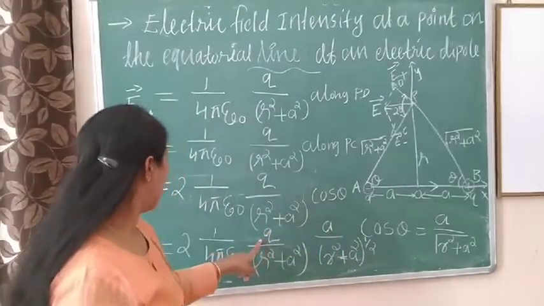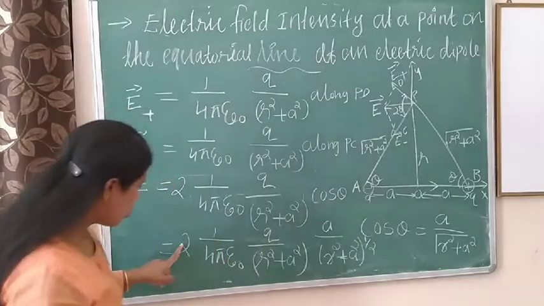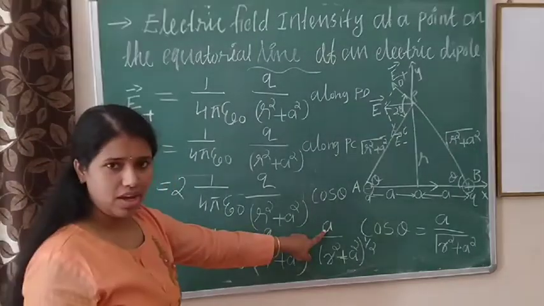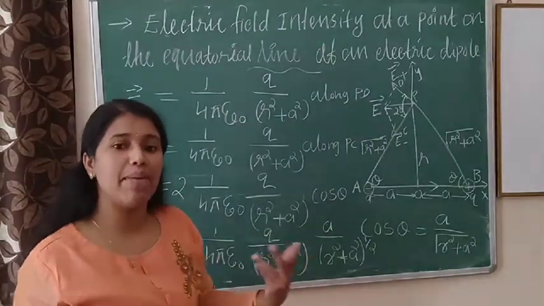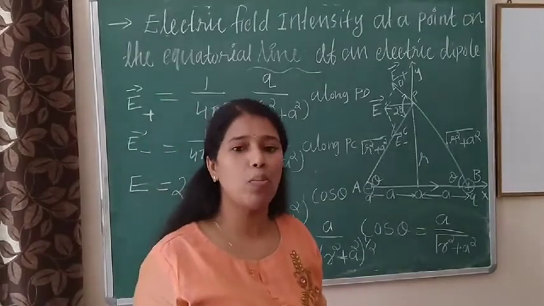Then here is Q into A, 2 into Q into A: charge into 2A, the dipole length. That is the dipole moment.